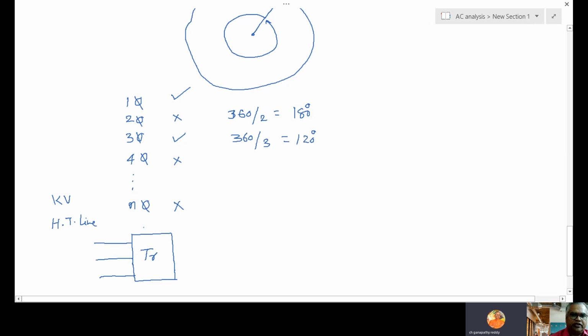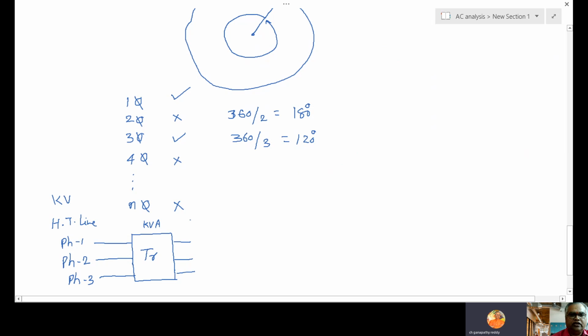Then the transformer rating is kilovolt ampere. Then the output again has phase 1, phase 2, phase 3, three phases, high tension.